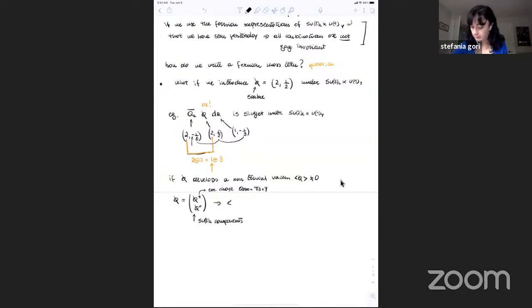So at the vacuum, at a minimum, we have the following configuration. We have a 0 here and some value that is non-zero here. So let me call it V over square root of 2, where this is different from 0.